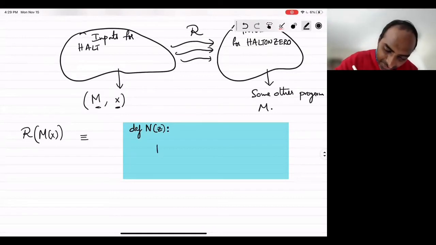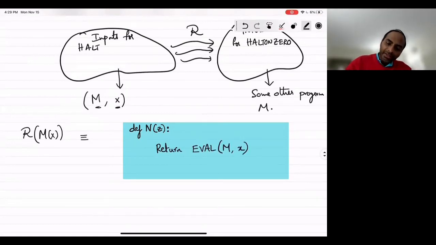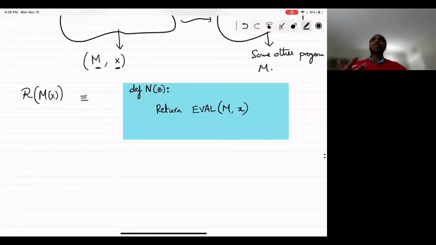It just says: return eval M comma X. Okay, and that's the definition, that's the specification.